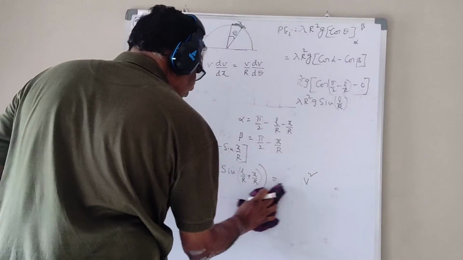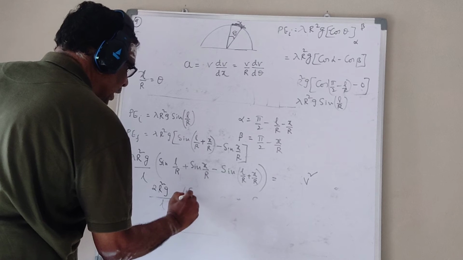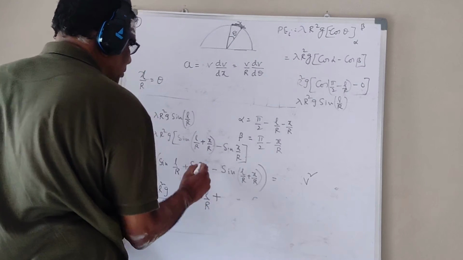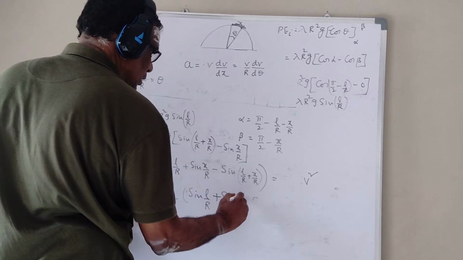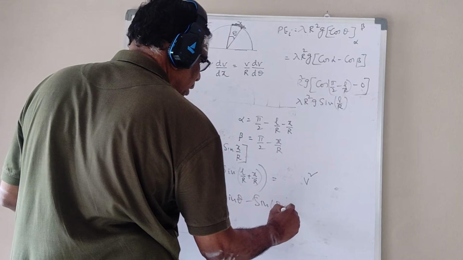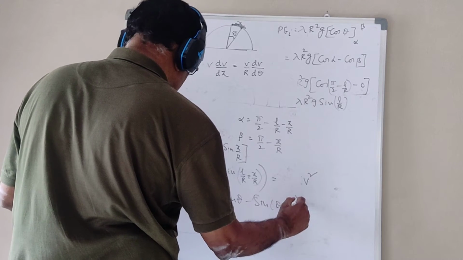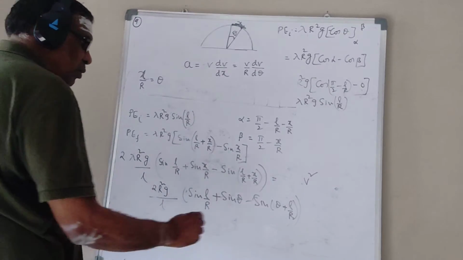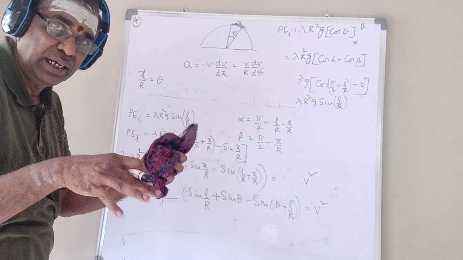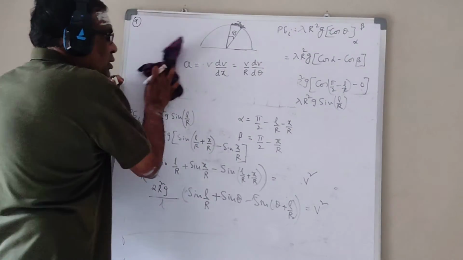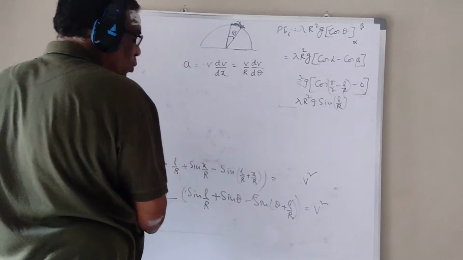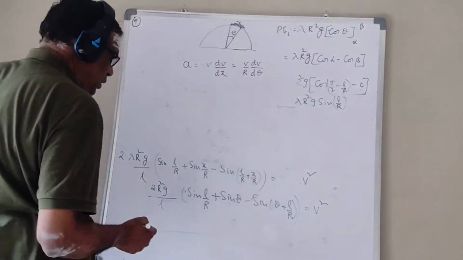So what do I write here? This is as before sine of L by r plus theta, minus sin theta plus L by R. Now this is V square, because theta is my variable. If I take it with the L, it remains constant, so I am not justified in taking it. Now, so what do you do? Differentiate with respect to theta.